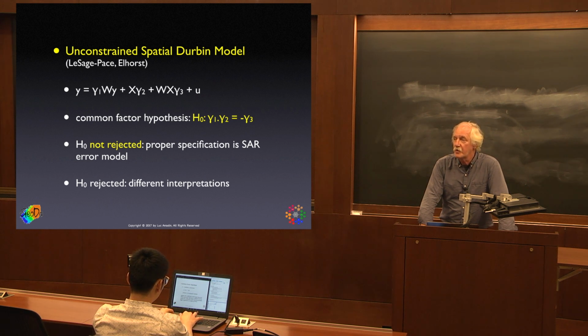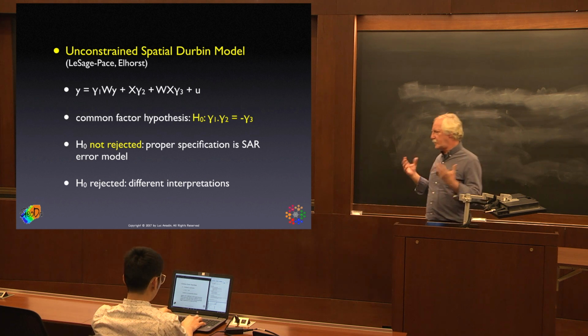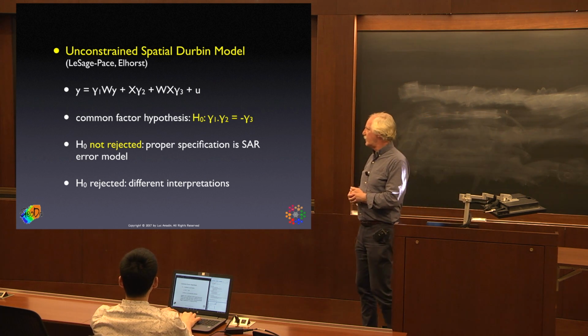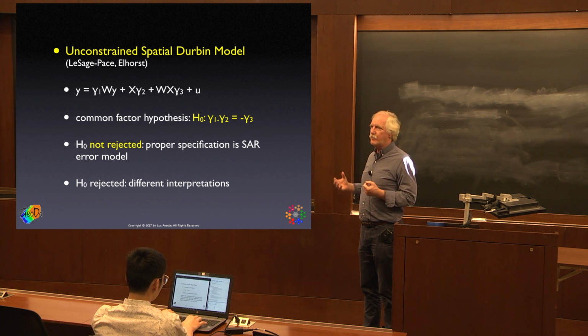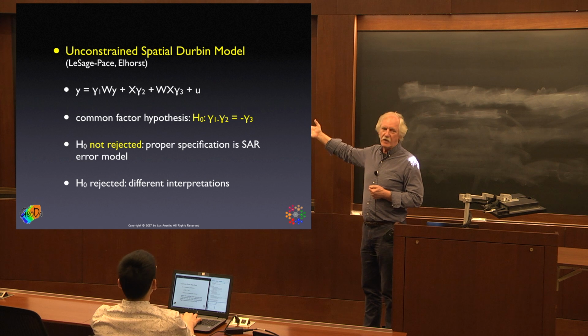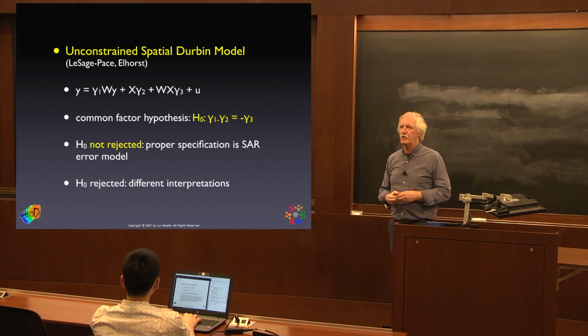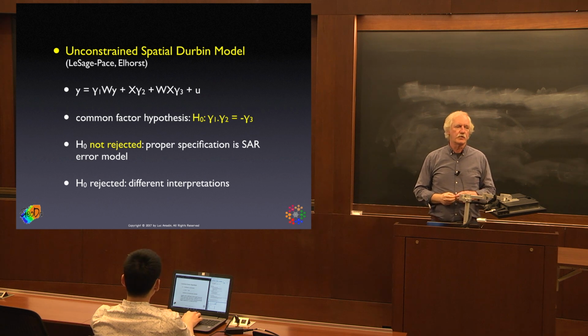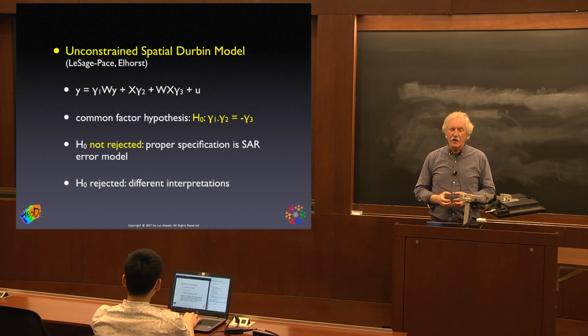I never quite got this, but for some reason, there is a literature that thinks it is more intuitive or more powerful to have a model with a spatially lagged dependent variable as well as spatially lagged explanatory variables. So this is what is called in the literature today the spatial Durbin model. And of course, you still have the common factor hypothesis.